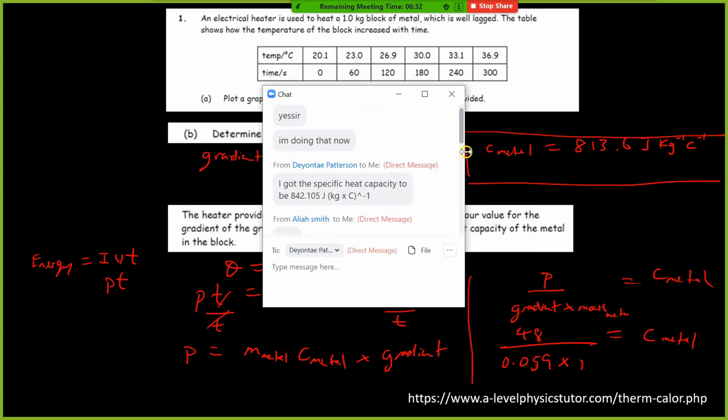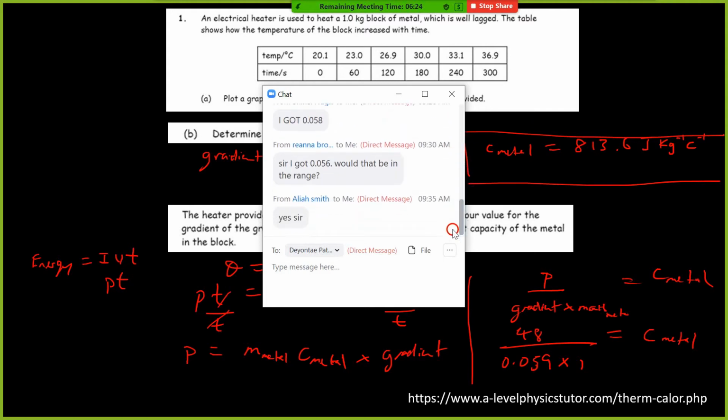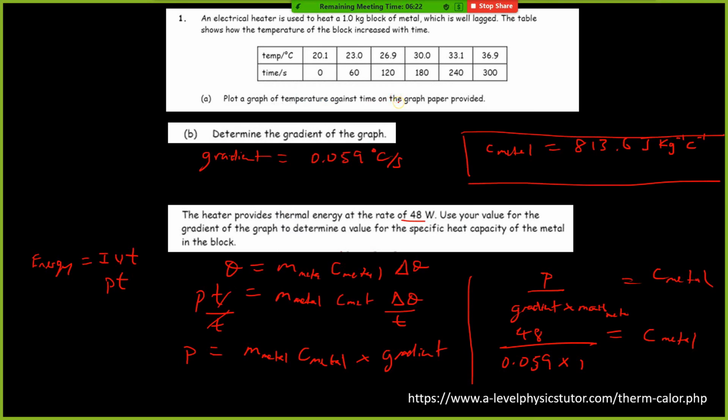Yes, Pat, yours is a little bit higher. But either way, I think that answer could work. Maybe because the gradient was a little bit higher or lower, it probably affected the result. But this is essentially what would have been asked of you to do.